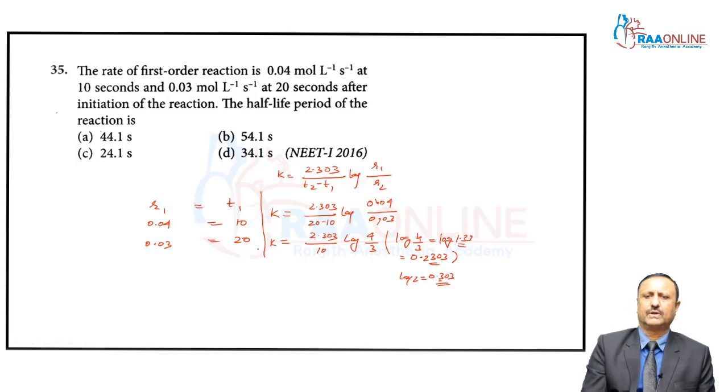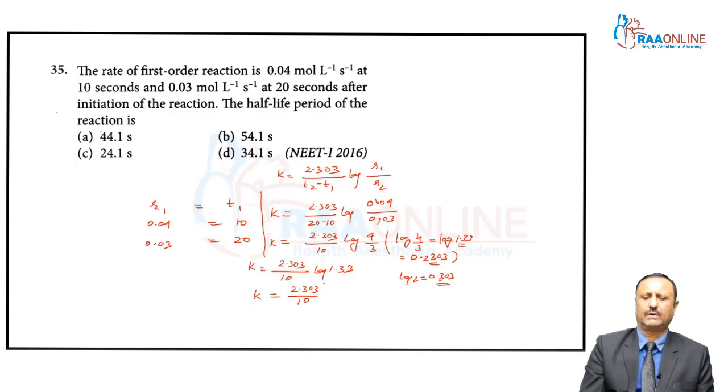So you can put the values here, k is equal to 2.303 upon 10 into log 1.33.